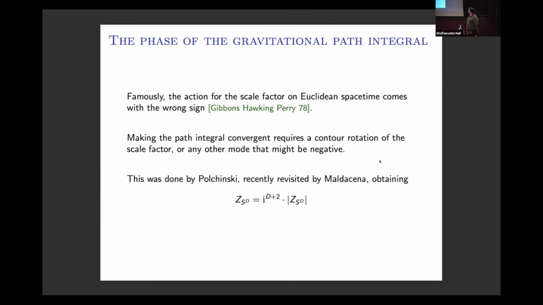It's well known for a long time that if you do the Euclidean path integral, there is a negative mode that causes a phase due to contour rotations that you need to make the integral convergent. The first careful calculation was done by Polchinski and got this i to the d plus 2. So we want to do it for other geometries such as Nariai, to see if the norm of the wave function is still compatible with this calculation on these closed Euclidean spaces.